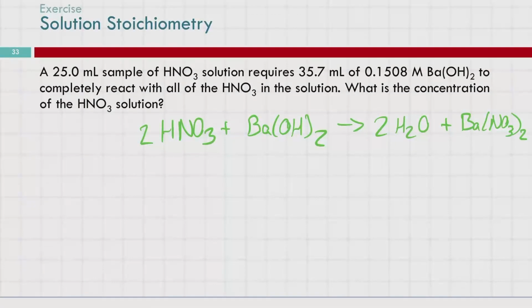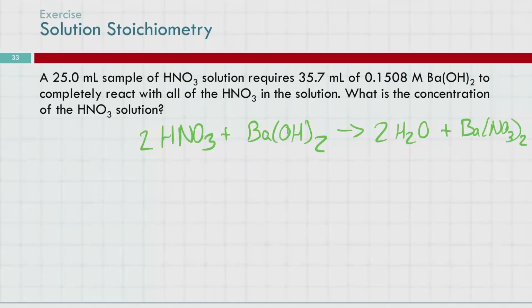Okay, a 25 milliliter sample of nitric acid solution requires 35.7 milliliters of that concentration of barium hydroxide to completely react with all of the nitric acid in the solution. What is the concentration of the HNO3 solution? Give you a little bit of time to work that out.